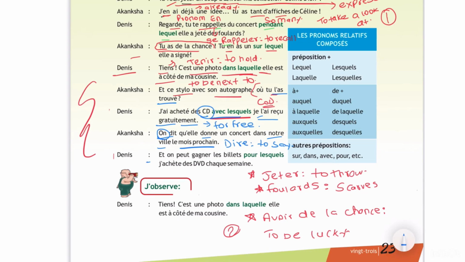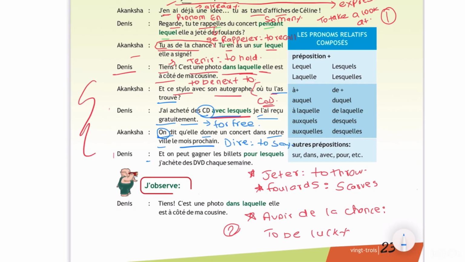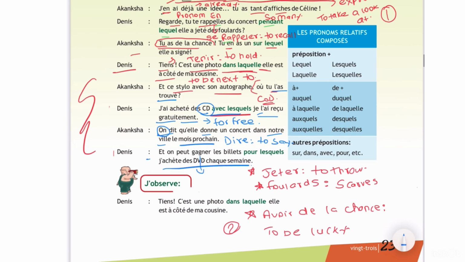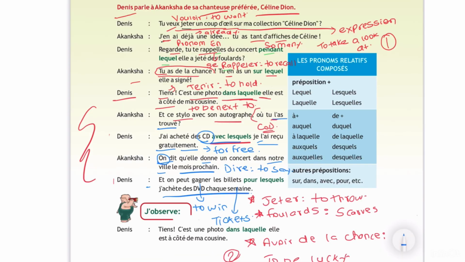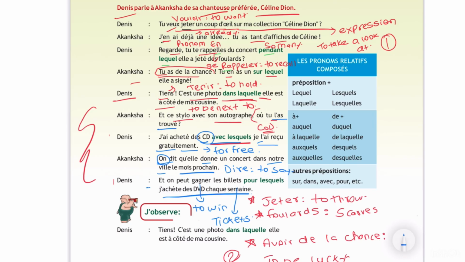And last dialogue, Dennis says, et on peut gagner les billets pour lesquels j'achète des DVD chaque semaine. That is, we can win the tickets for which I buy the DVDs every week. Gagner is to win. Billet is your tickets. So this was our entire conversation about Céline Dion, who is une chanteuse québécoise.